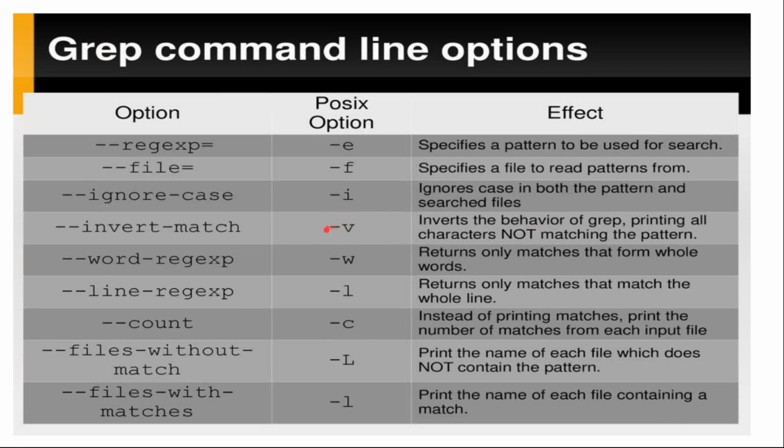Similarly, V is to invert matches. Inverting the matches means printing all the lines not matching the pattern. That means you're not looking for the lines which match your pattern, but giving the reverse answer.